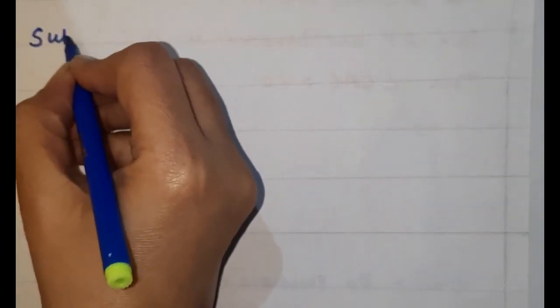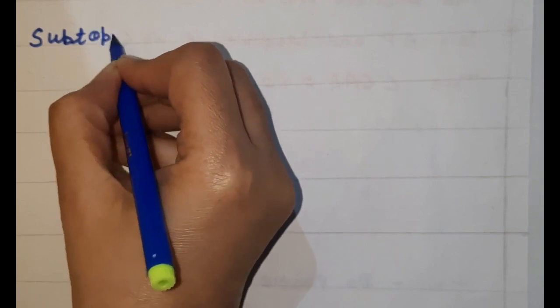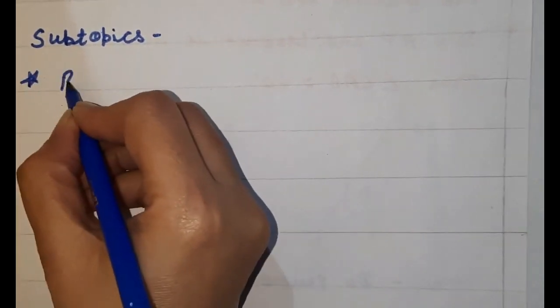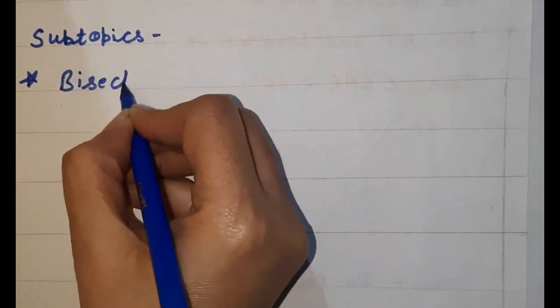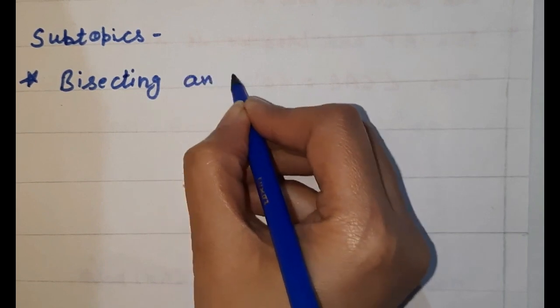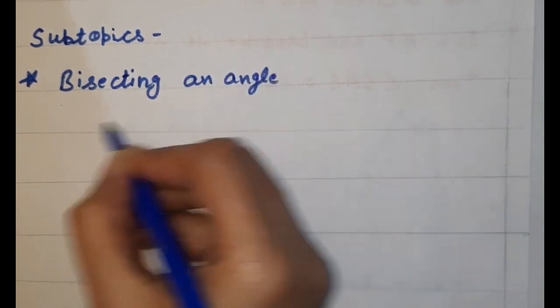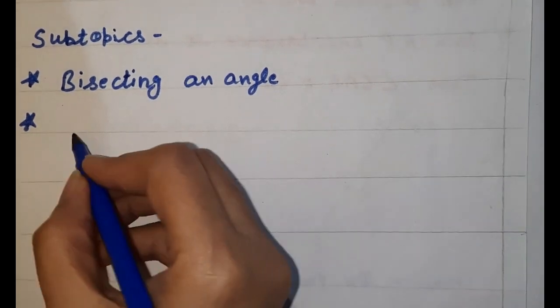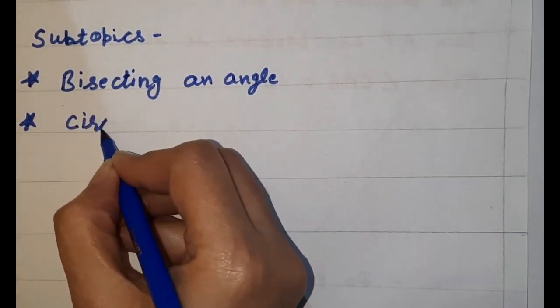Today's subtopics are bisecting an angle, and circle.